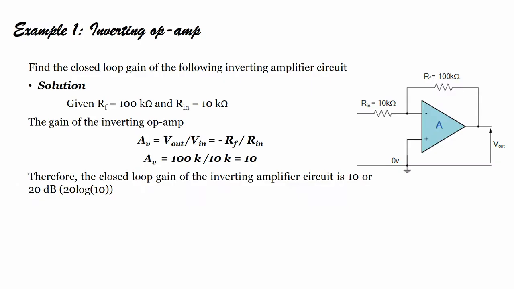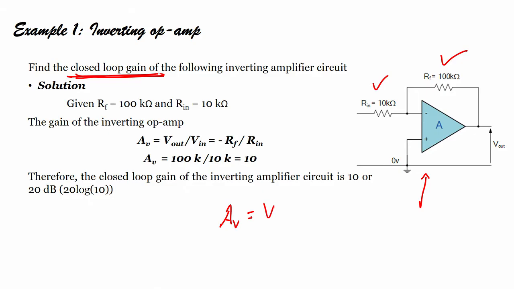So, let us solve an example, okay. Find the closed loop gain of the following inverting amplifier circuit. You are given a circuit and you are asked to find the closed loop gain. Now, we are given R in 10, RF 100. Then what is our AV?